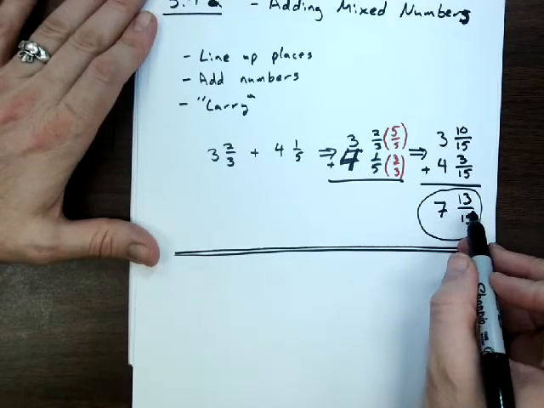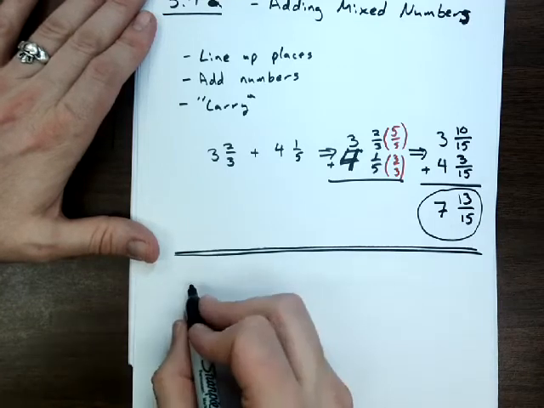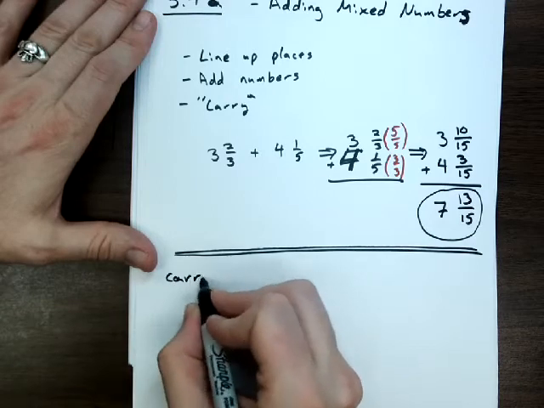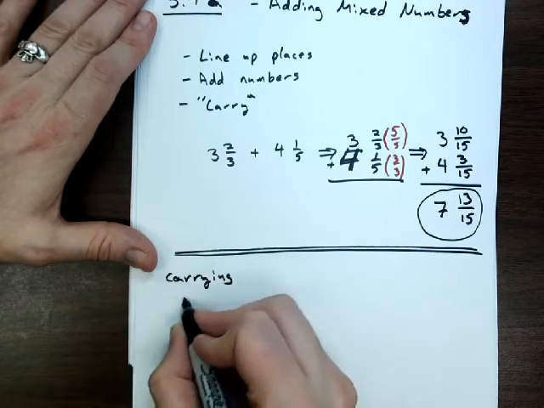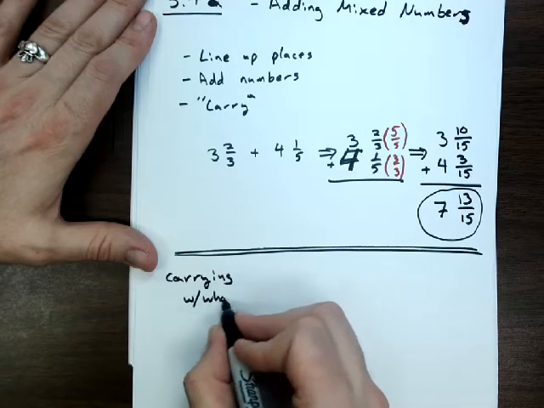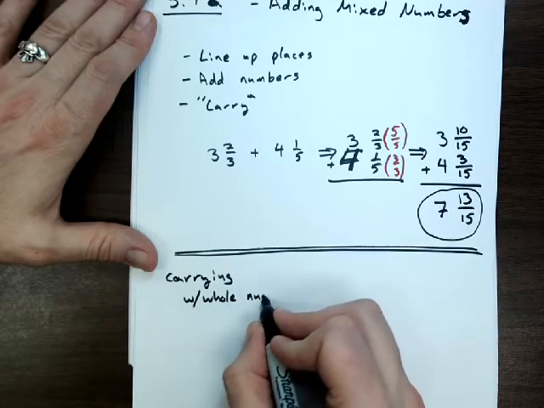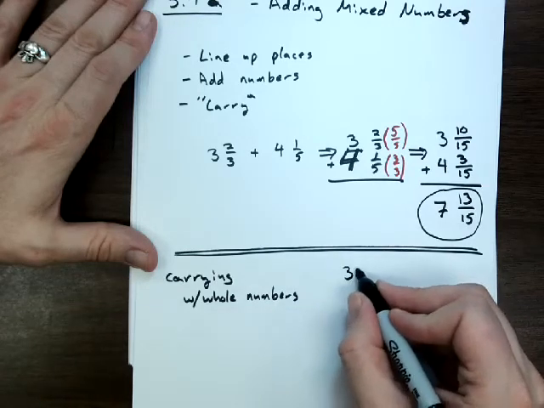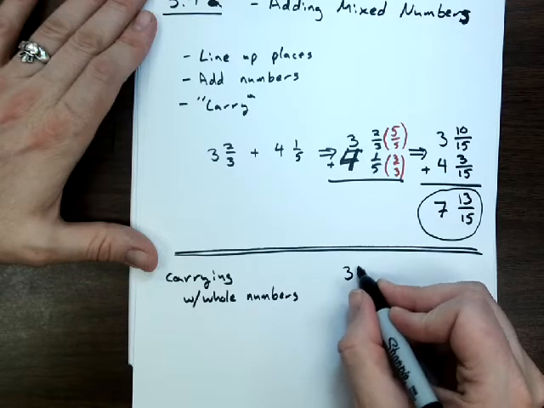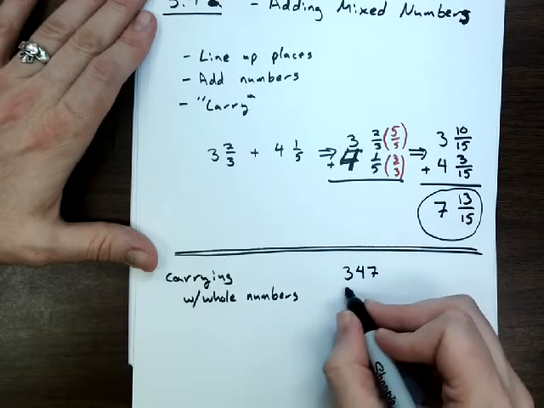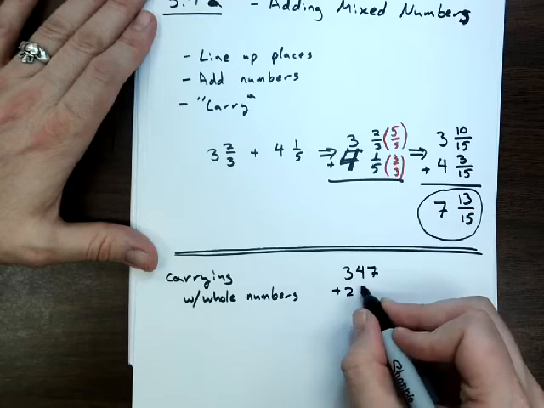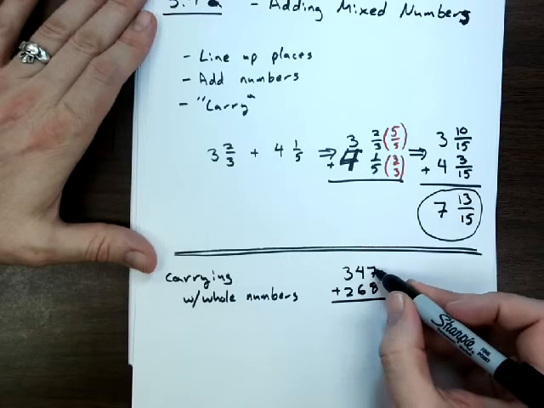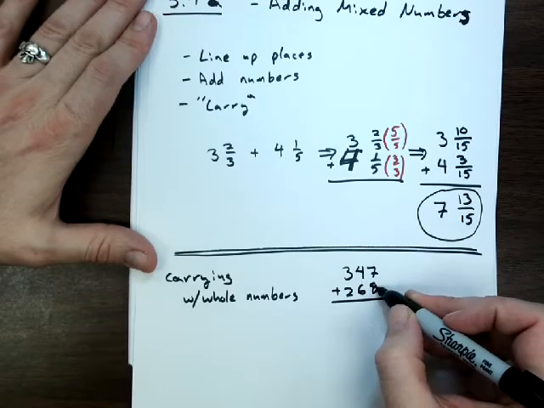Before going on to that, I'm going to remind you what carrying looks like with whole numbers. If I've got something like 347, and I add to that, say, 268, remember, if I add 6 plus 8, I'll end up with a 15.